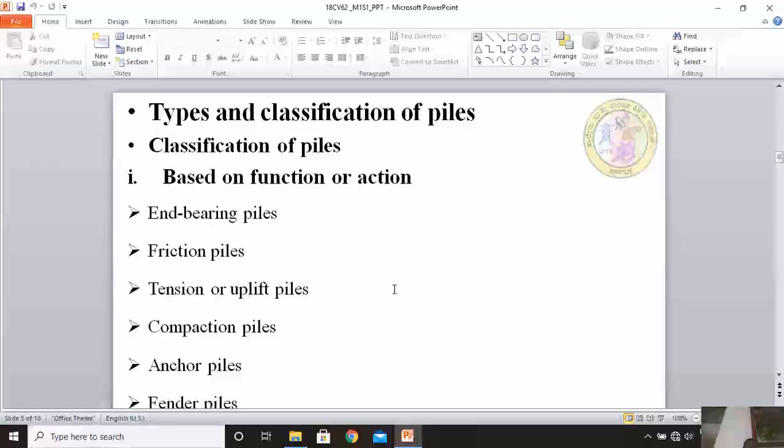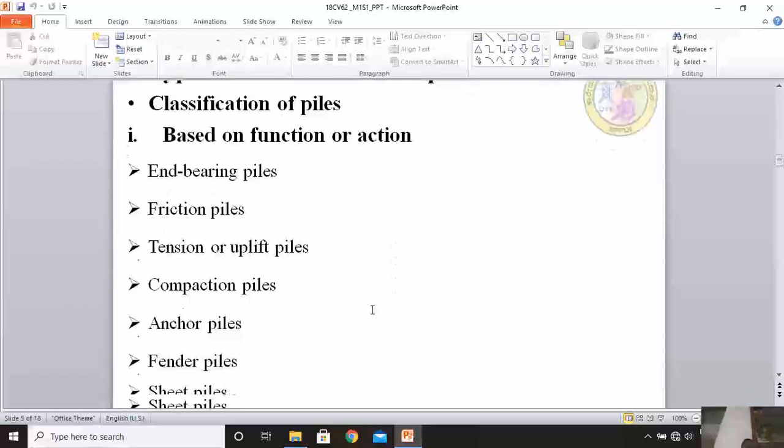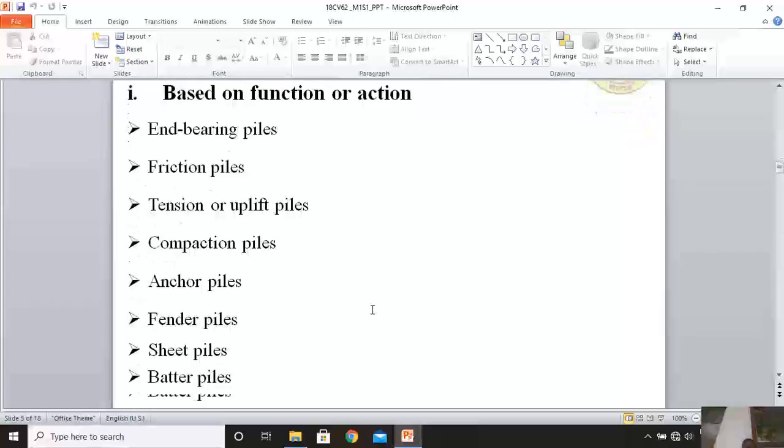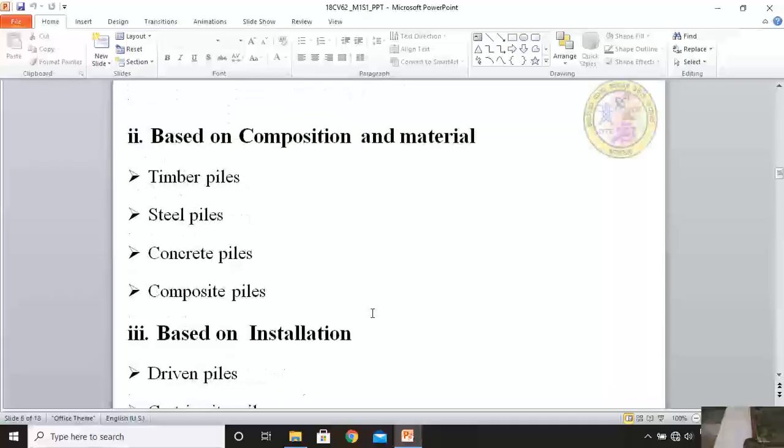end bearing piles, friction piles, tension or uplift piles, compaction piles, anchor piles, fender piles, sheet piles, batter piles, laterally loaded piles. Based on composition and material, piles are classified as timber piles, which are nothing but wooden piles, steel piles, concrete piles, and composite material piles.